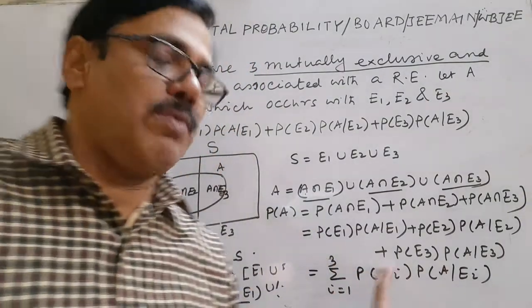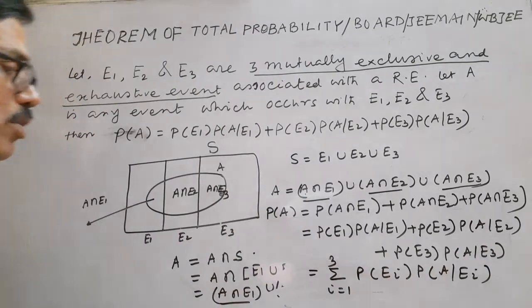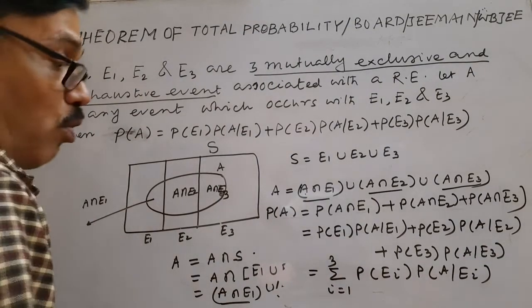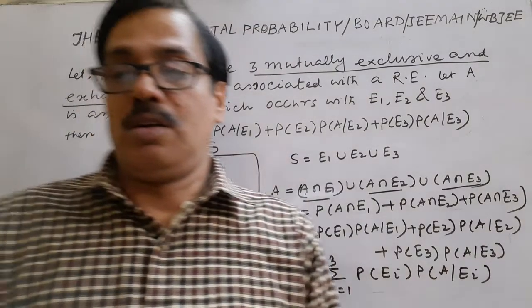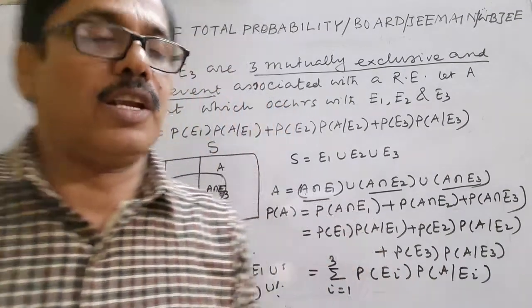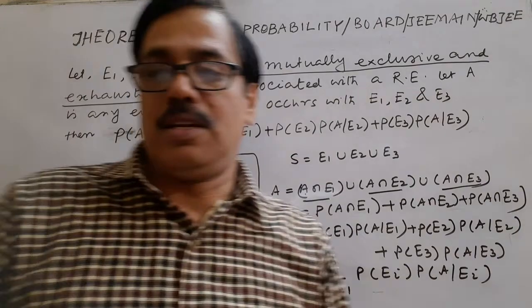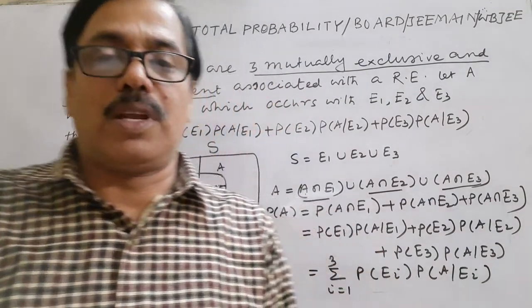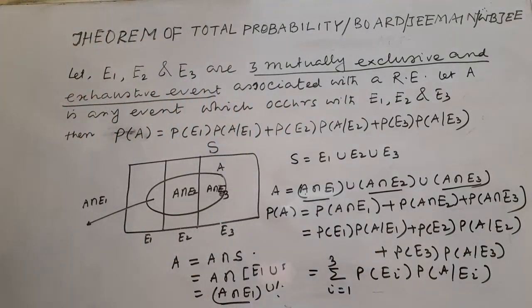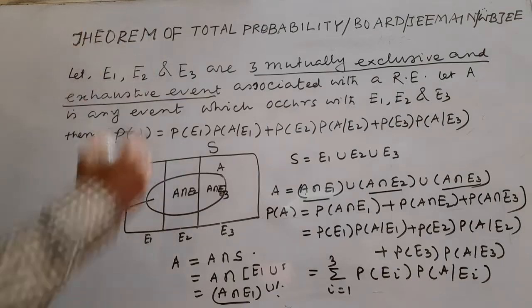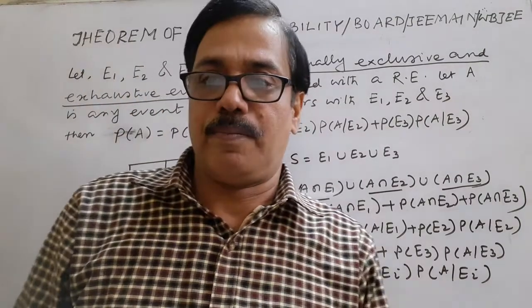For 4 events, i equals 1 to 4. So why is it called total probability? It will be discussed with the help of an example. So this is the theorem of total probability.